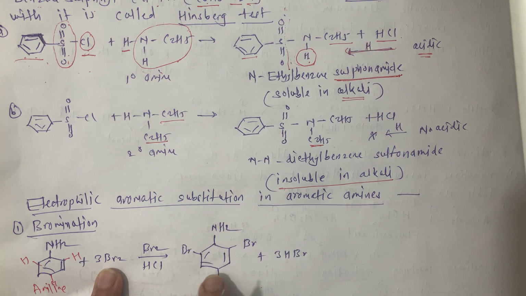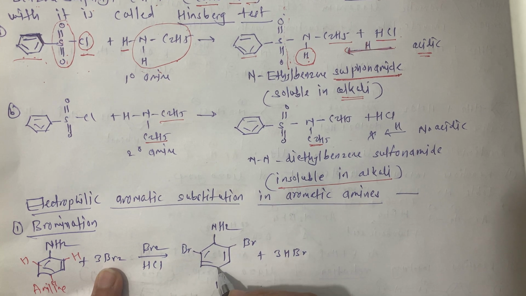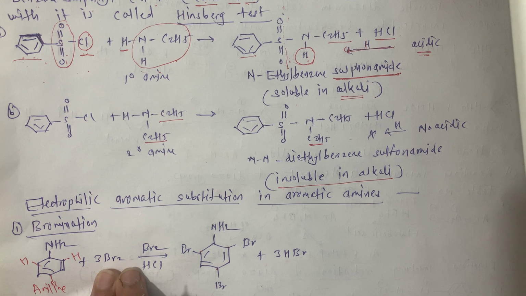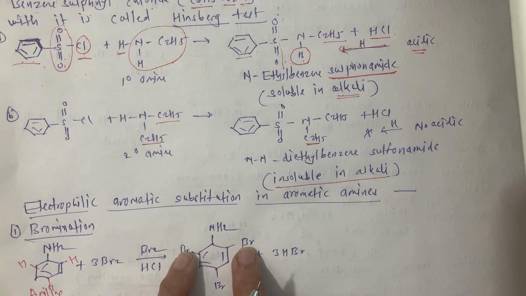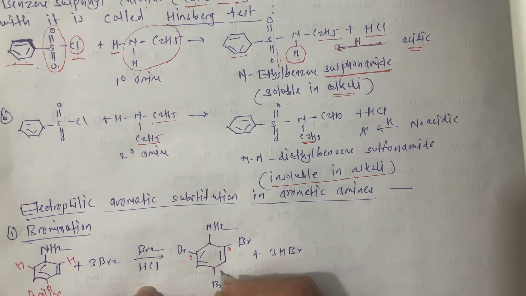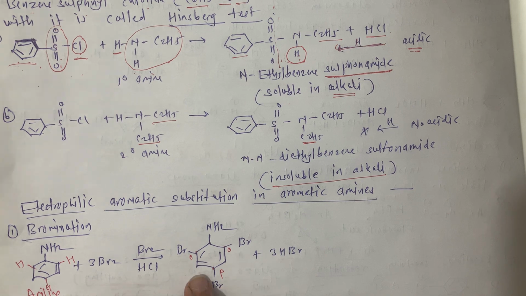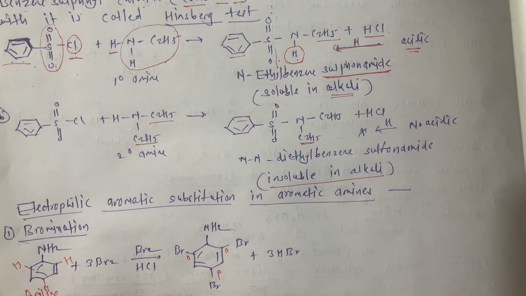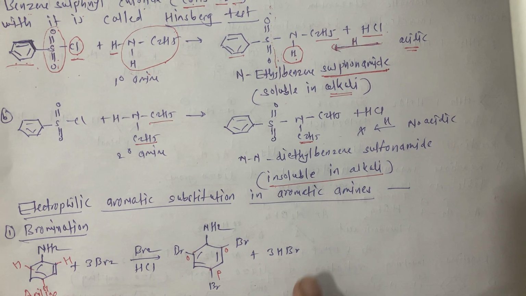So all these are highly negatively charged positions, because of the delocalization of the pi bonds on this aromatic ring, and so Br acts as an electrophile and substitutes at these positions. This is the ortho position and this is the para position. This is the tribromoaniline.